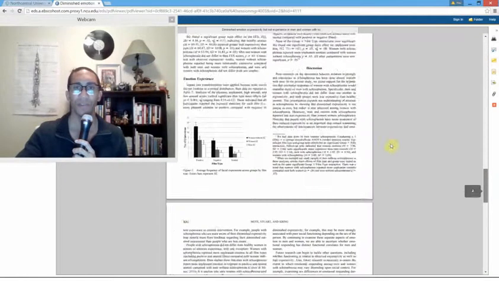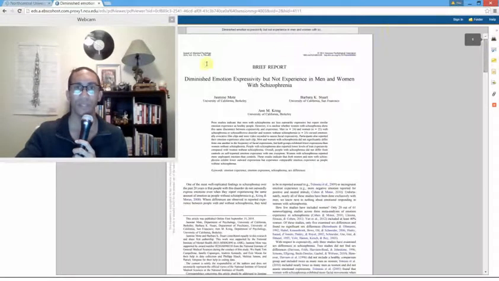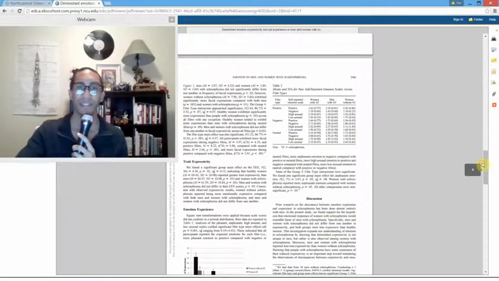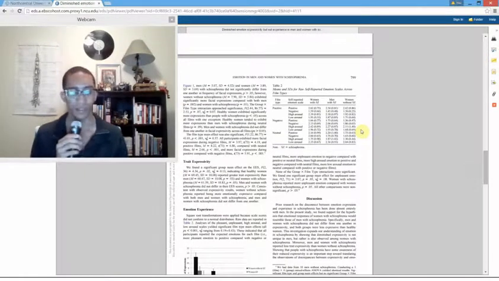So I found an article, "Diminished emotion expressivity, but not experience, in men and women with schizophrenia." So basically what it's saying is that men and women with schizophrenia have diminished emotional expression, though they do still experience emotions, pretty much the same as other people.